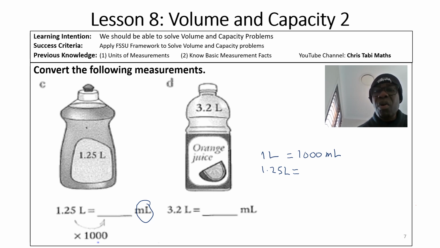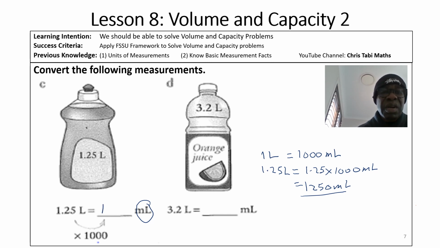So because I'm going to get more of it, I have to multiply, so it will be 1.25 multiplied by 1000. And that will give me milliliters. I'm multiplying by 1000, so I just move the decimal point 3 places to the right. So that becomes 1250 milliliters. We'll get more of that.